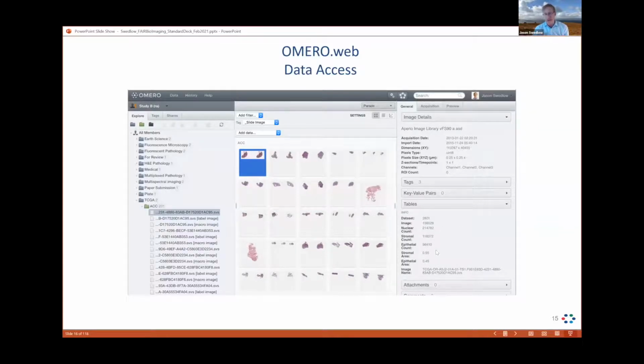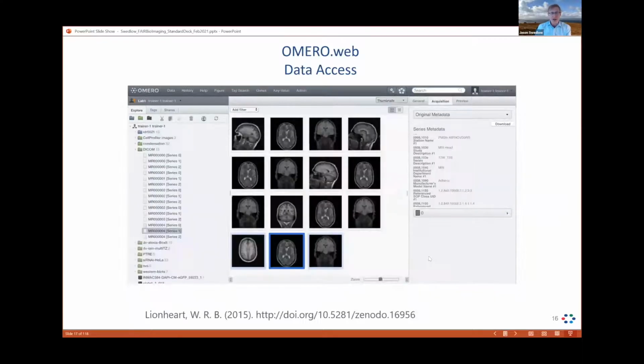And so OMERO has ways of adapting to the different types of metadata that are handled in different experiments. And what you're seeing here is the data that comes out of the TCGA data set. These are the analytics that they have produced. And a final example, again, this file organization thumbnails, these are obviously human MR data. And some of you will recognize the metadata here as DICOM tags. So again, this adaptable metadata system can handle many different types of metadata.